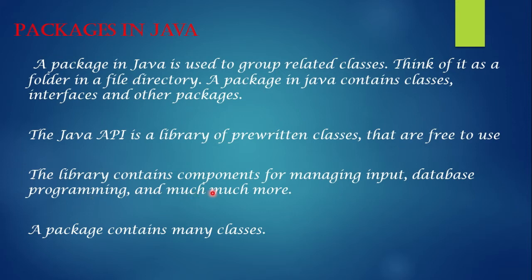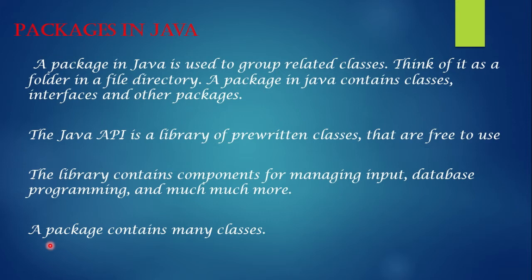The library contains components for managing input, database programming and much more. So the library is very helpful for doing our programs. The Java library is very strong and there are a lot of library functions available to select from.